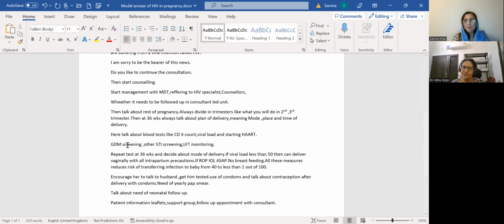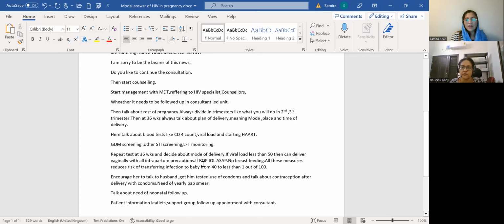You said about her family history of diabetes, but there's some medication, one of them antiretroviral treatment, which can be the cause of high blood sugar. It is written in the guideline that GDM screening needs to be done if the patient is on antiretroviral medication. Just given, and then repeat the test at 36 weeks, decide about the mode of delivery.